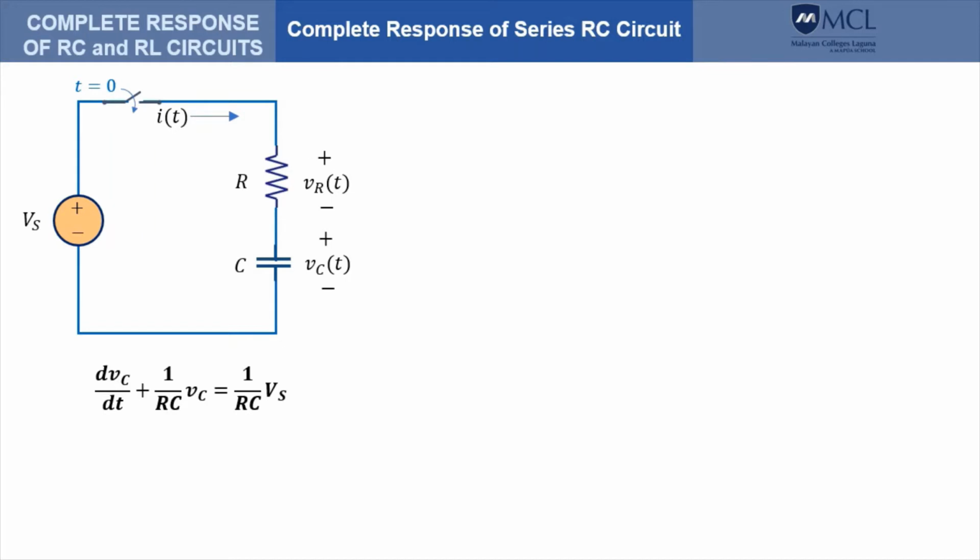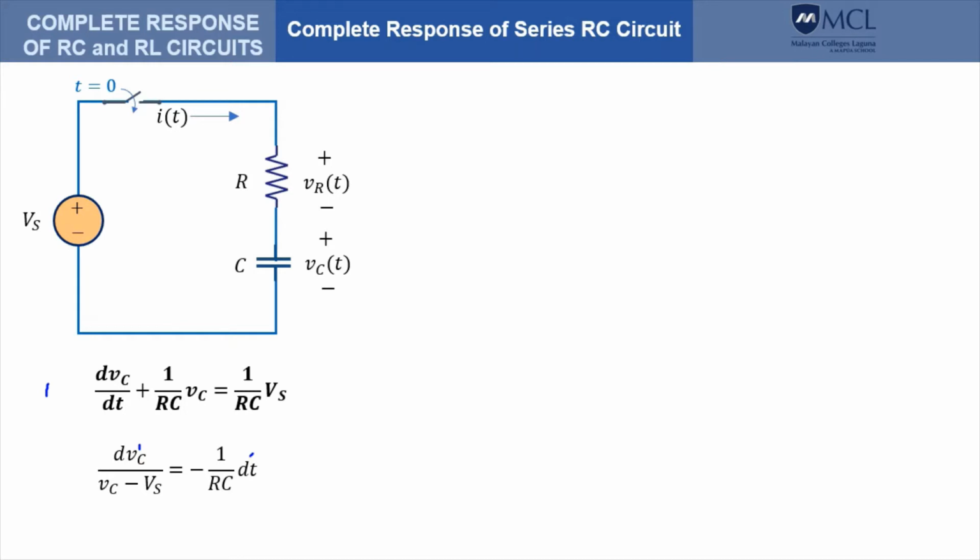So here is the differential equation again. We can rearrange the variables such that it would look like that. Take note that our variables are v sub c and the time t.